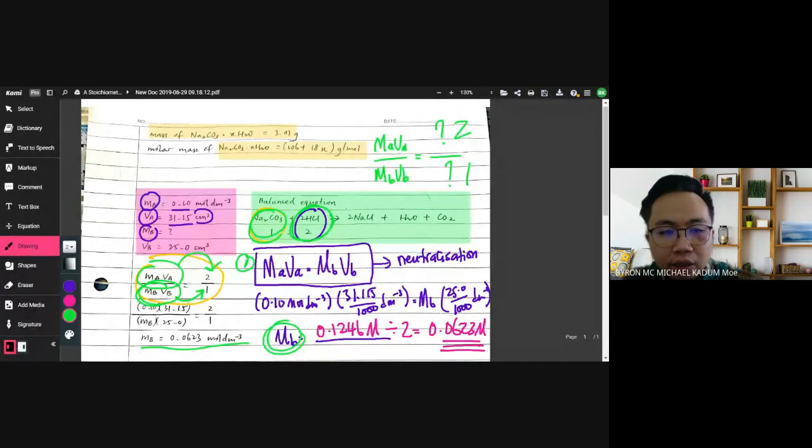Okay, so nilai ini kita boleh masukkan dalam formula neutralization yang macam ni. Okay, untuk kita dapatkan dia punya, dalam kes ini kita mau dapatkan dia punya MB lah, molarity of base. Okay, kepekatan base itu. Siapa base ini? Na2CO3. Ingat, Na2, saya padam dulu yang ni.